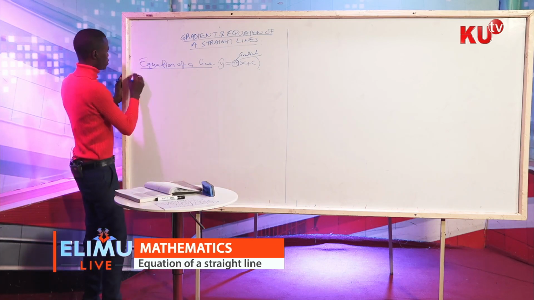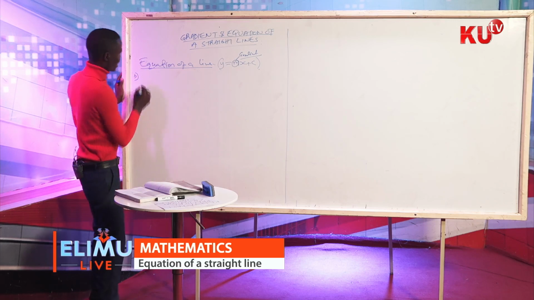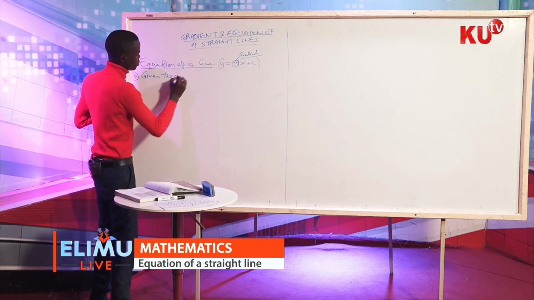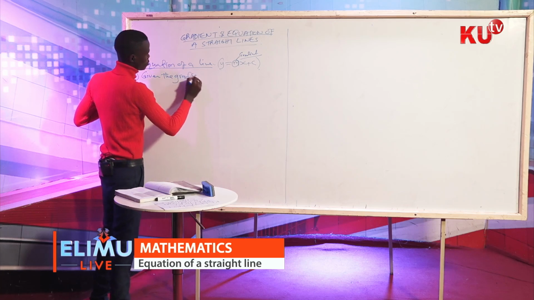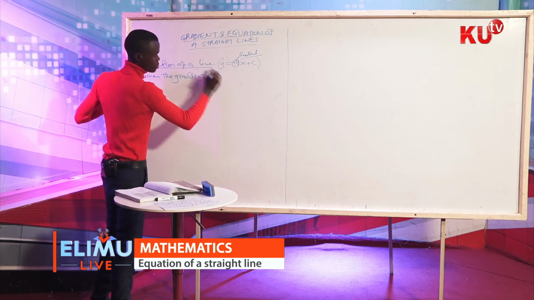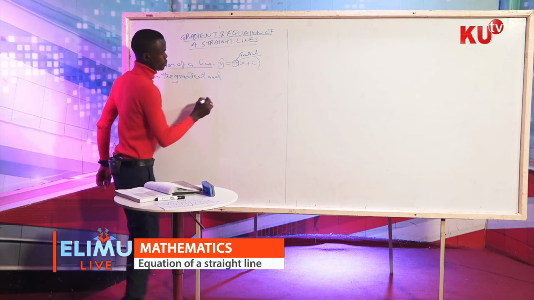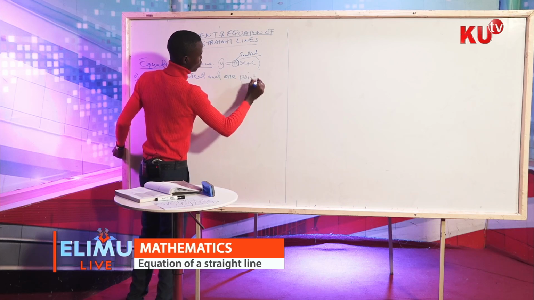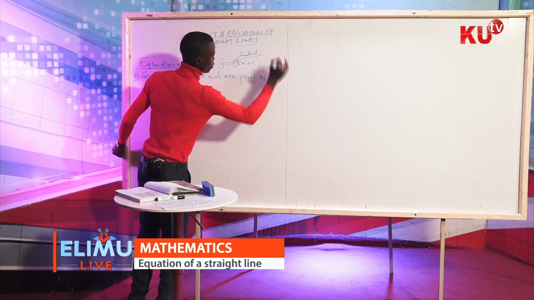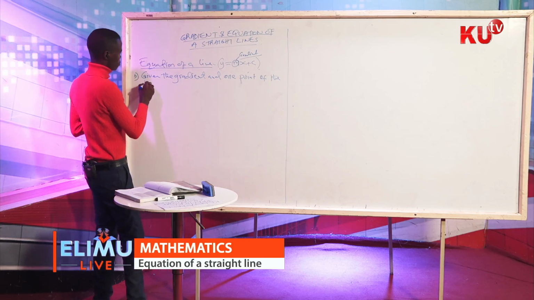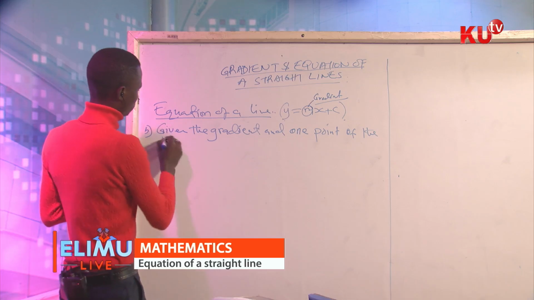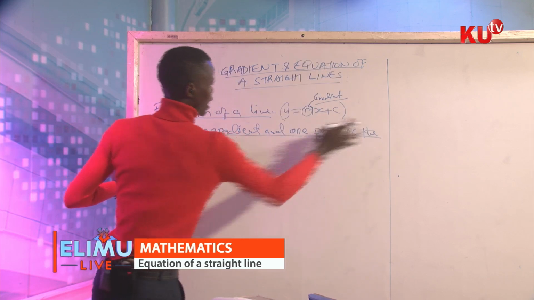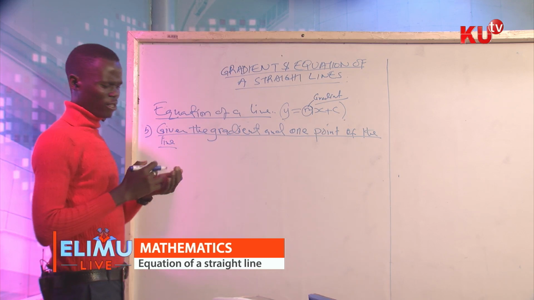Now it is part B: given the gradient and 1 point of the line.